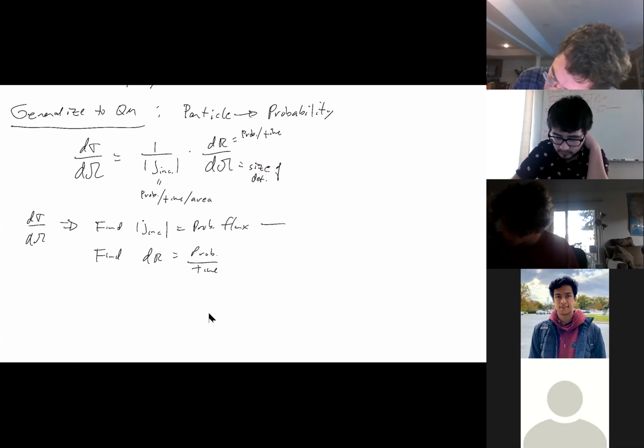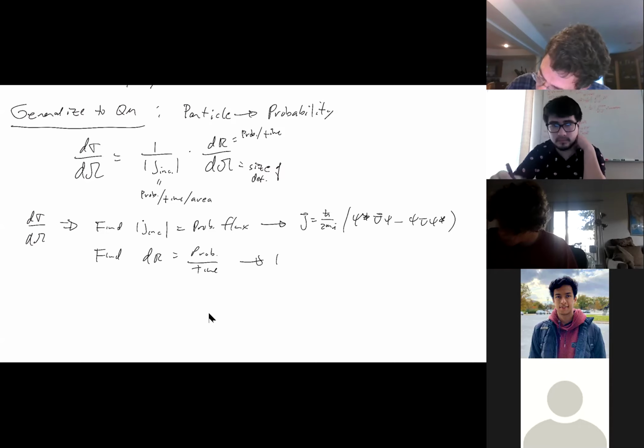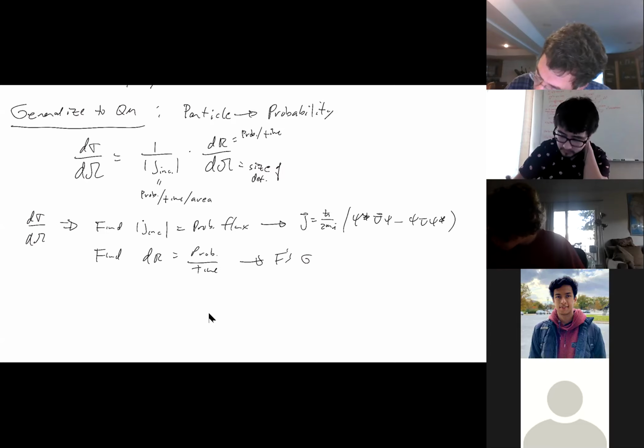The way we did it was, for the probability flux, we used this formula, our little old friend from last semester, psi star del psi minus psi del psi star. And for dR, we just use Fermi's golden rule.